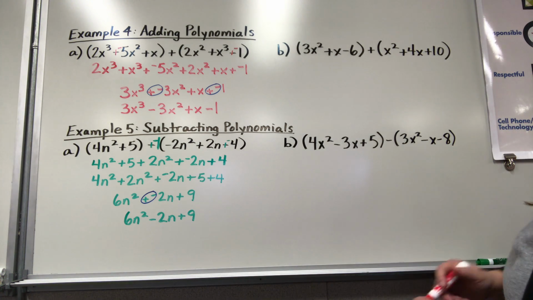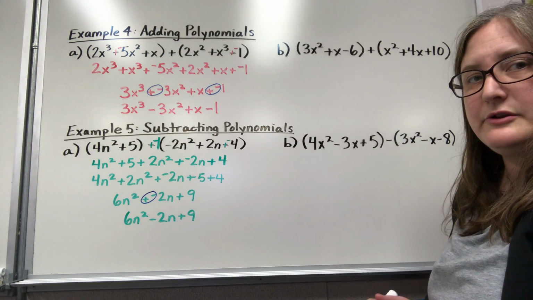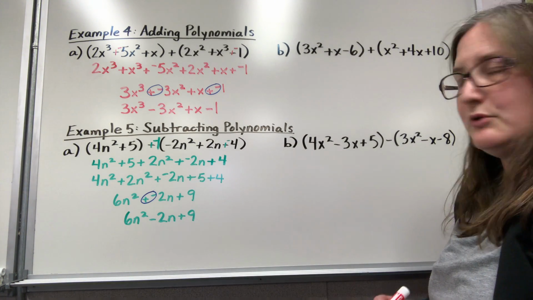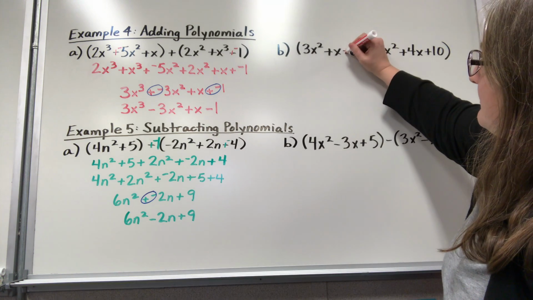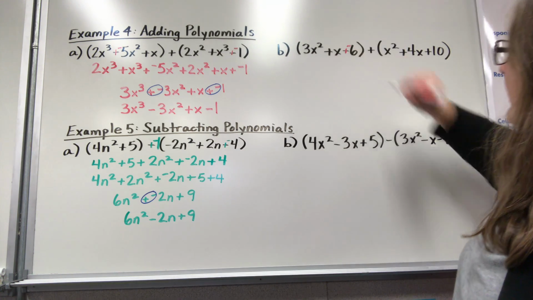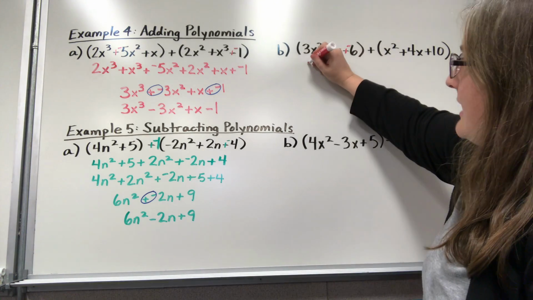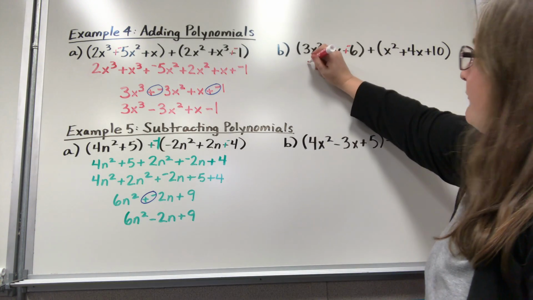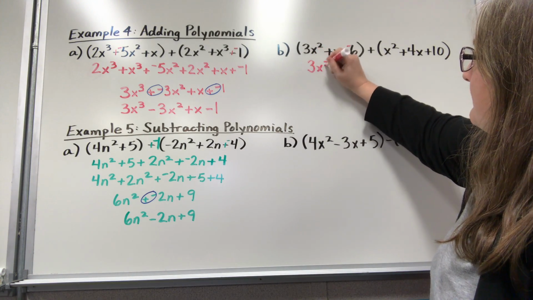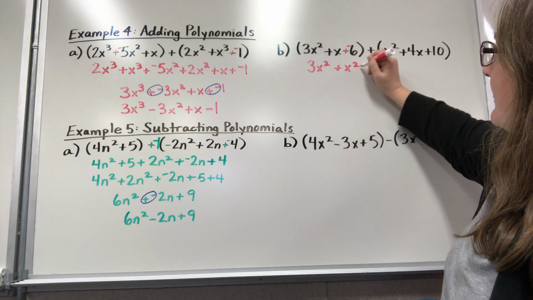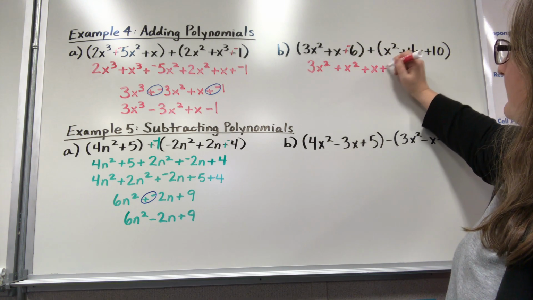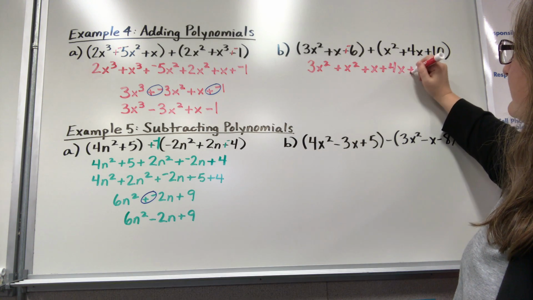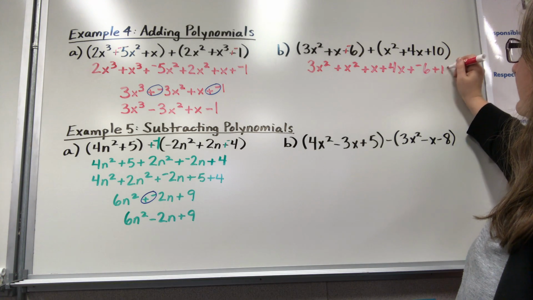So let's try one here together. The first thing I want to do is make sure it's all addition so I can remove the parentheses. So I'm going to make this plus -6, and that's the only one I have to change. Now I'm going to write it in standard form. So I've got a 3x squared plus an x squared plus an x plus 4x plus -6 and plus 10.